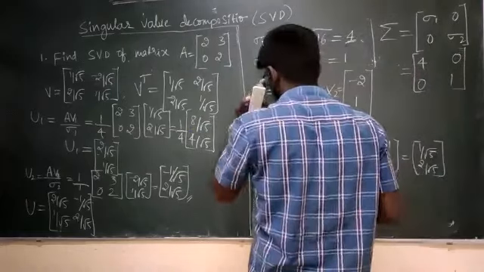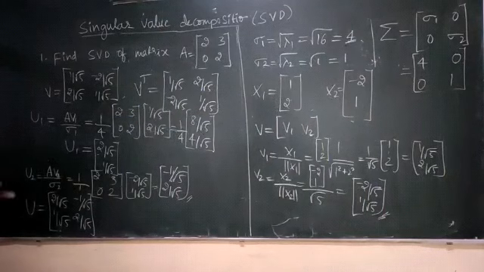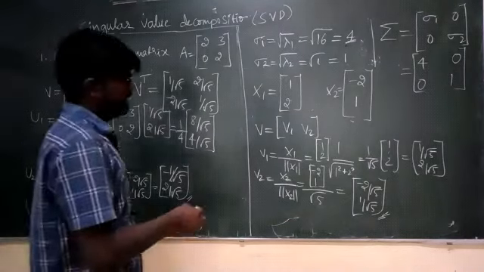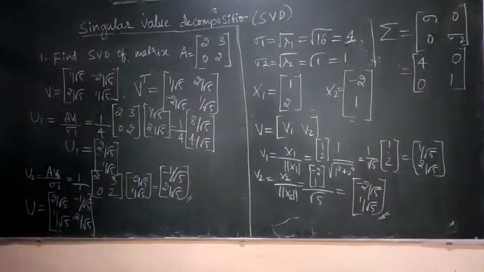This is the diagonal matrix. By the use of V, U and sigma, we have to verify the final step, whether A is equal to U into sigma into V transpose.